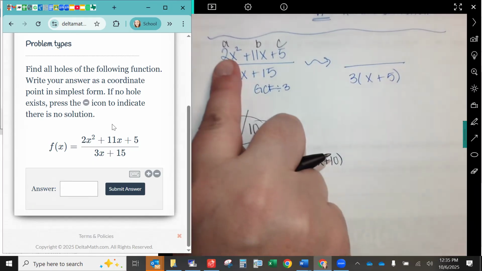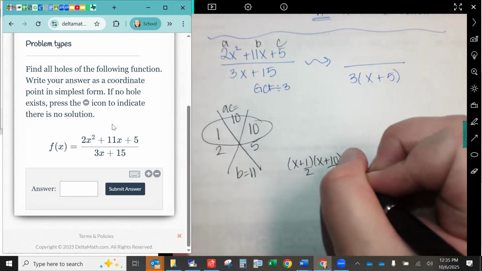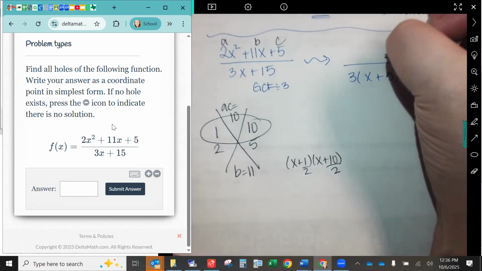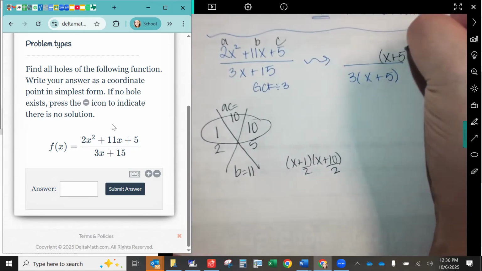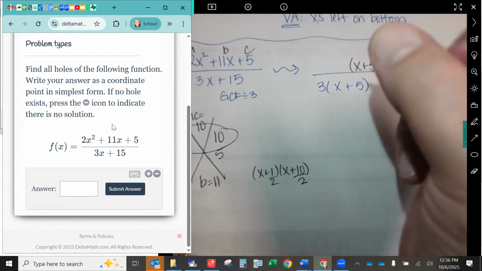But if you have a number in this spot, you have to divide and slide over that. So I'm going to put over 2 over 2. And the reason that matters is that this x plus 10, once I divide it by 2, is now an x plus 5. And then since my 1 won't divide, you just slide the 2 back to the front. So it'd be a 2x plus 1.